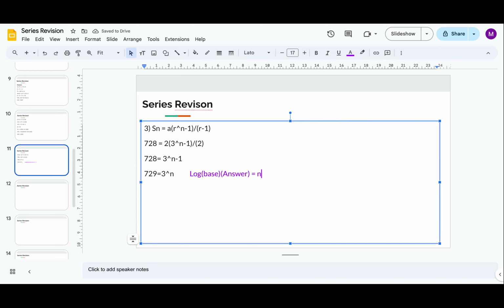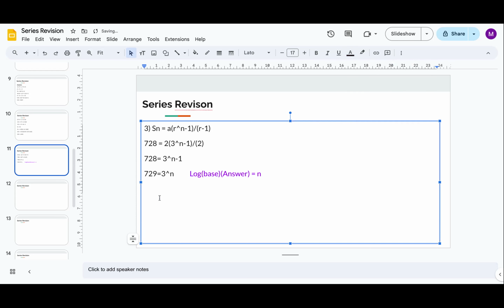What I mean is that whatever my power is, if my power is my variable, it could be 2 to the power of x, 5 to the power of i, whatever, to work that out I simply put in my calculator log of my base, of my answer, and that will give me that power.